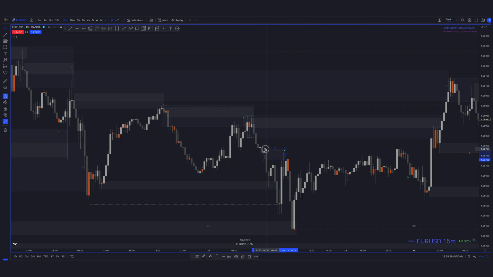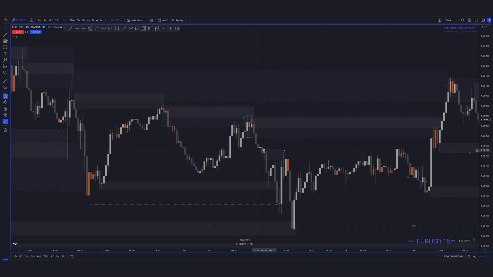So instead, you're going to see this everywhere, price was here, it came to mitigate this area, broke down again, but because there was no inducement, I don't know what's going on with my charts.